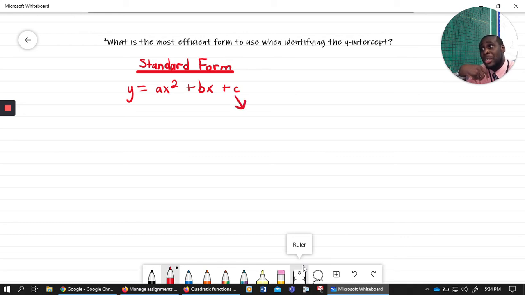We talked about this in one of our previous lessons, in one of the other videos on the standard form for quadratic functions. But again, that c value is going to be your y-intercept. The y-intercept is the value of c.